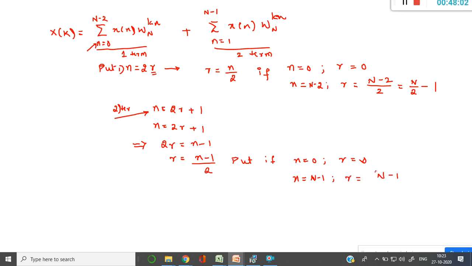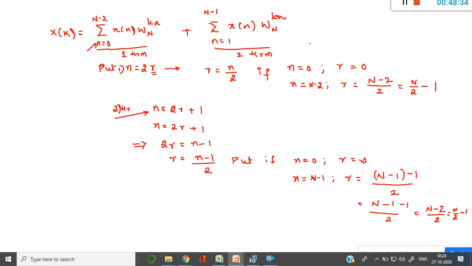The n value is N minus 1, so this value is N minus 1 minus 1, again divided by 2. What's the value? N minus 2 by 2. Look at the limits now. It is also ranging up to N minus 2 by 2, and here also it is ranging up to N minus 2 by 2. Again I can write this as N by 2 minus 1 itself.